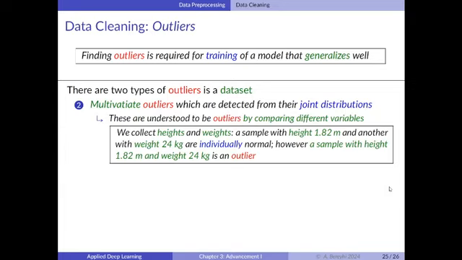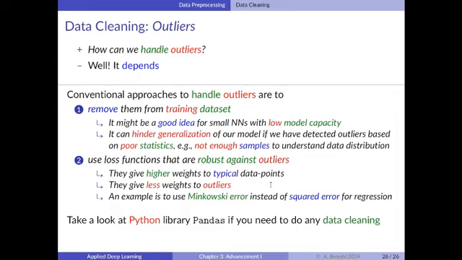It means, for example, a person can be 2 meters tall or weigh 20 kilograms, but if he simultaneously has both, it's not correct, and it's an outlier of the multivariate type. Okay, instead of removing the outliers, we can use a loss that is robust against them. For example, the loss penalizes itself if it sees outliers.